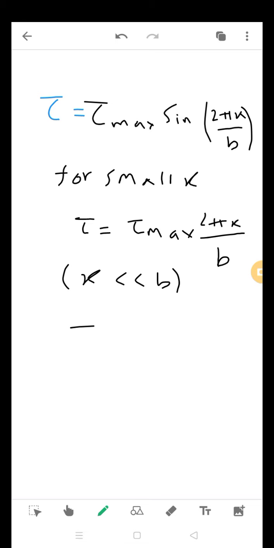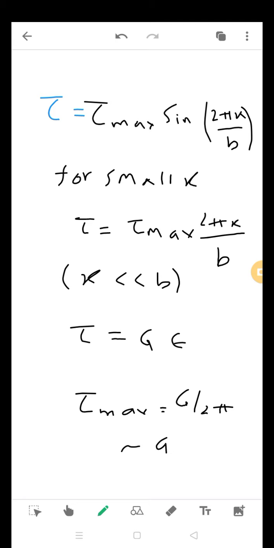Now shear strength is equal to modulus times the strain, so that makes tau max equal to G by 2 pi, which we can say is approximately G by 10.